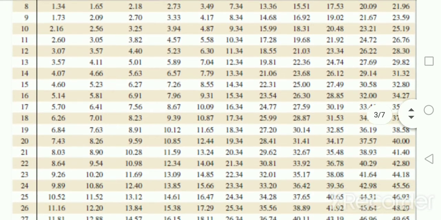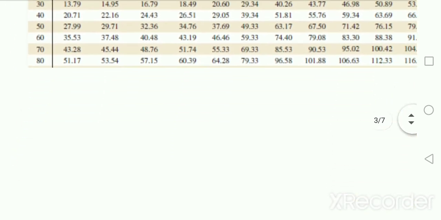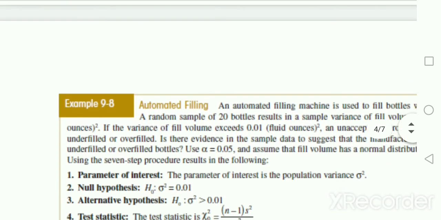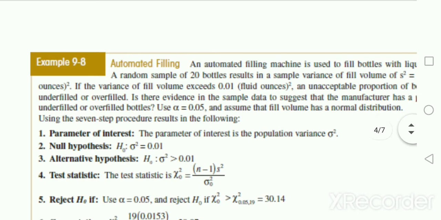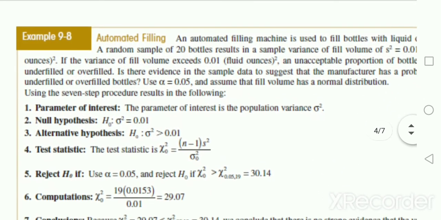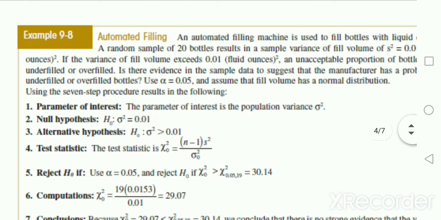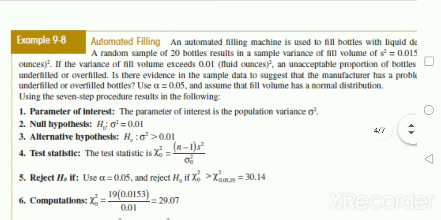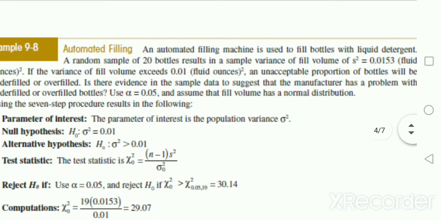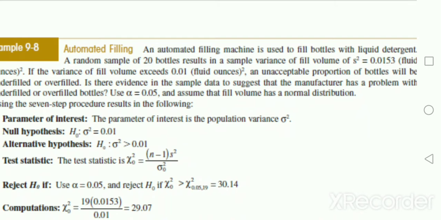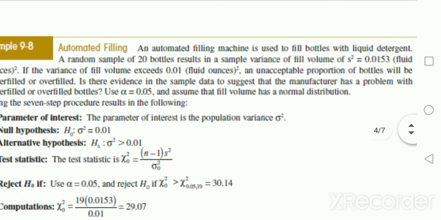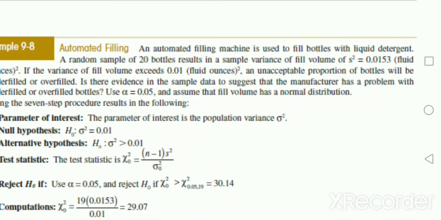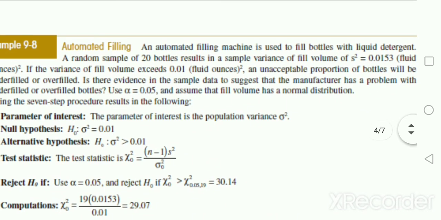Now we move to the example problem. An automated filling machine is used to fill bottles with a liquid detergent. Here they take 20 sample bottles, resulting in a sample variance of fill volume, s squared, of 0.0153.